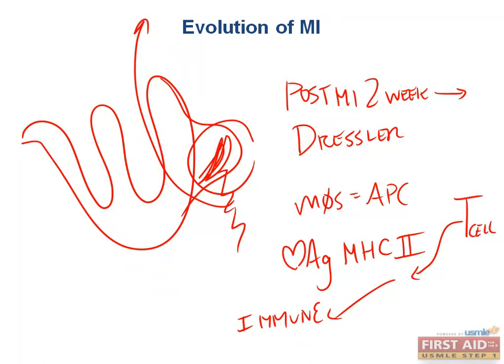This is a unique situation. Guess who loves to ask about unique situations? Your test question writers. So, you better know Dressler syndrome, and you better know how it is an immune-mediated attack on our own cardiac tissue after we suffer an MI, approximately at least 2 weeks.